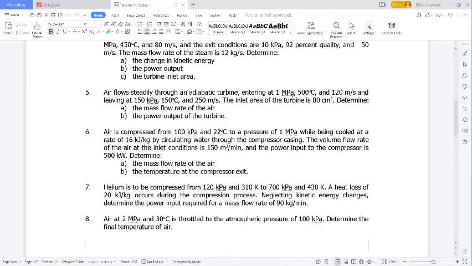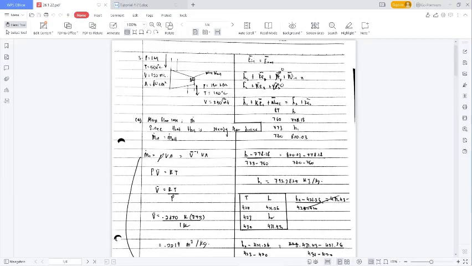That is the question. It is mentioned that the system is adiabatic, so this means there is no heat loss all the way along the process. So this is the problem solving. We need to draw the schematic diagram for the turbine.